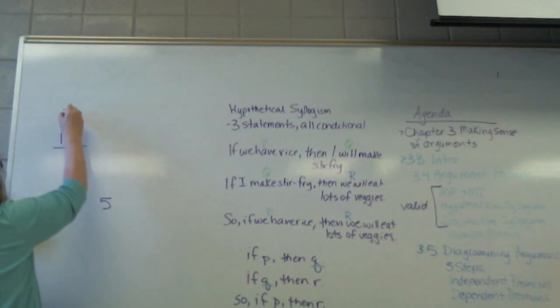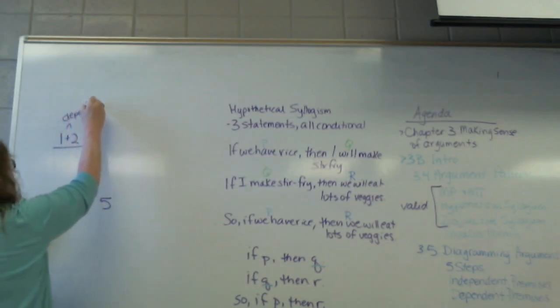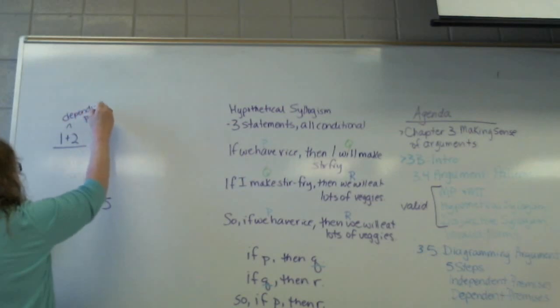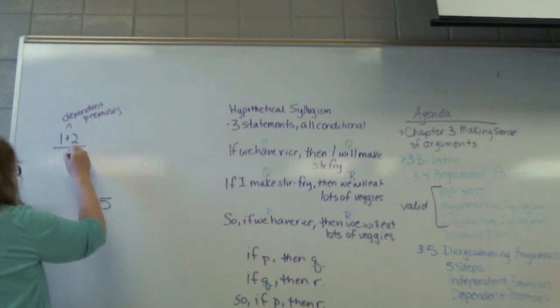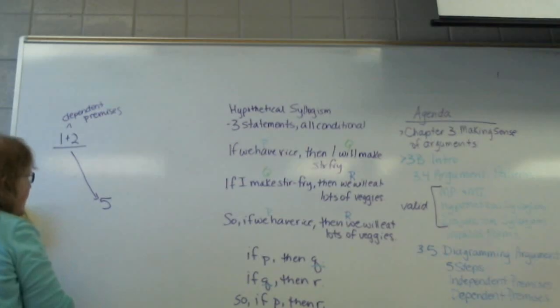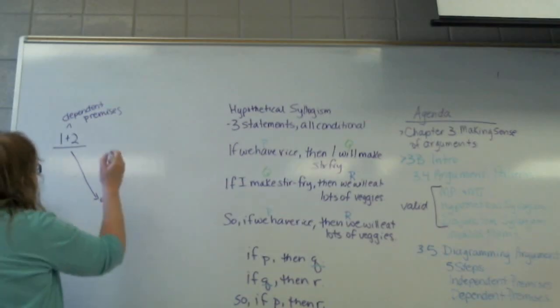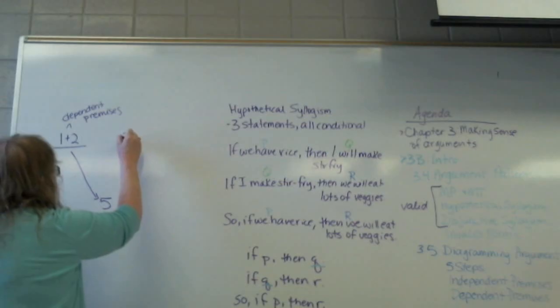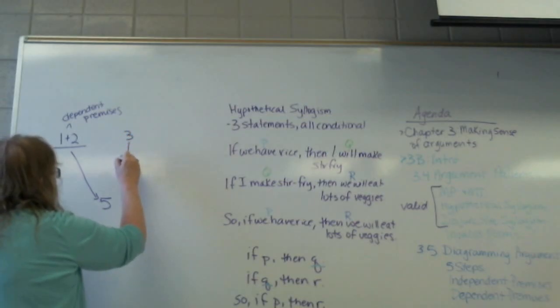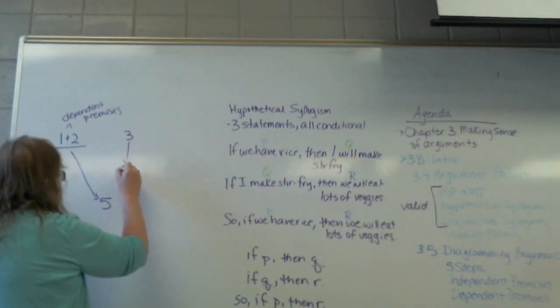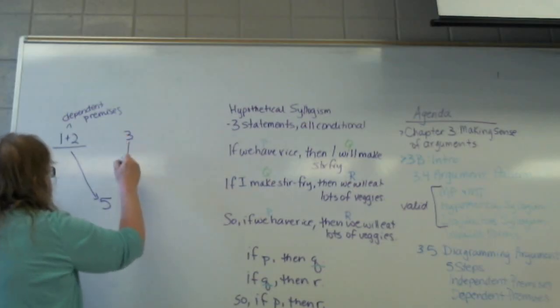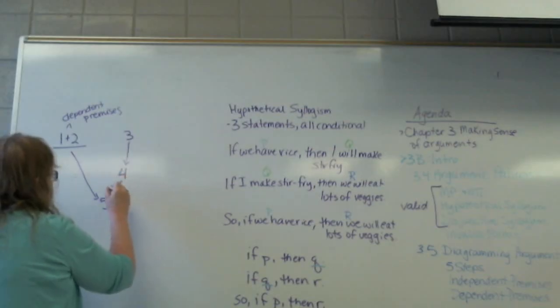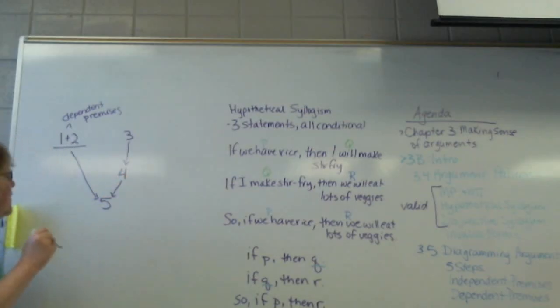These are dependent premises, and I'm going to give you that definition in a minute. And they relate directly to number 5. So number 3, the third statement, is only related in that you have to get to number 4 through number 3, and then that's to number 5. That's a fairly complex paragraph, believe it or not.